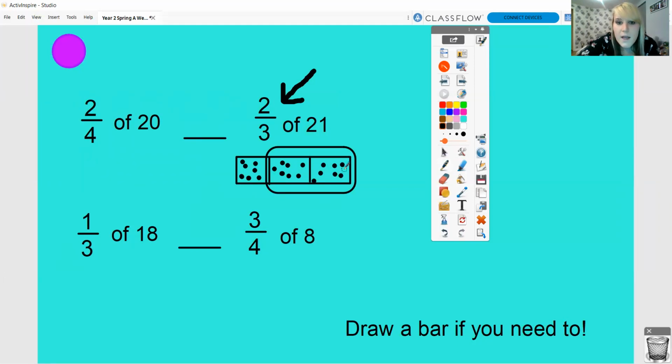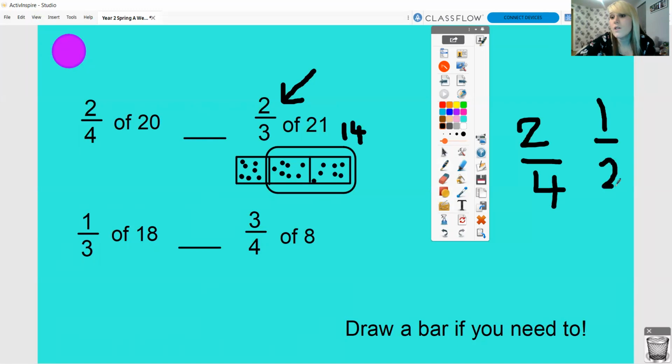And I'm going to count all of them in here. So 1, 2, 3, 4, 5, 6, 7, 8, 9, 10, 11, 12, 13, 14. So this side is 14. Oh, I can count in fives. So I know that 2/4 of 20 is, we've got 5, 10, 15, 20, and 2/4, 5 add 5 is 10. Or 2/4 is the same as 1/2. So if I know half of 20 is 10, that's my answer there.